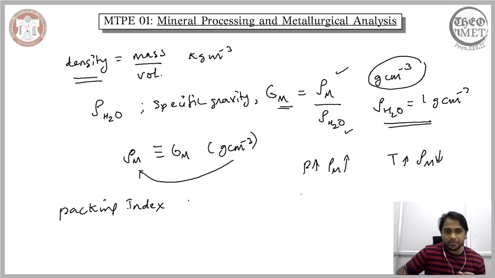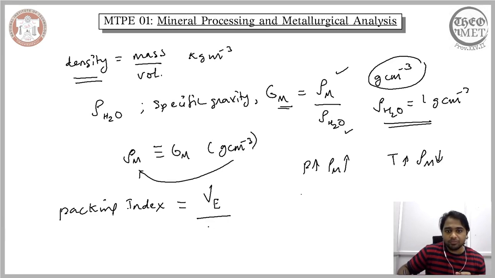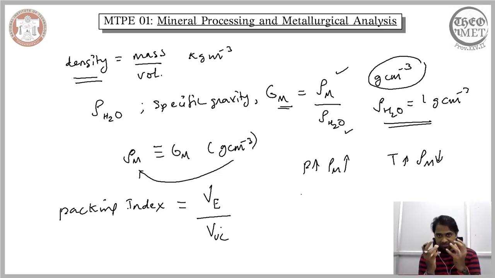The way we ascertain the packing index is by taking the ratio of the volume of the entities that are present in a given unit cell. So you consider a mineral, identify its regular arrangement, characterize it, and from that you identify the unit cell.